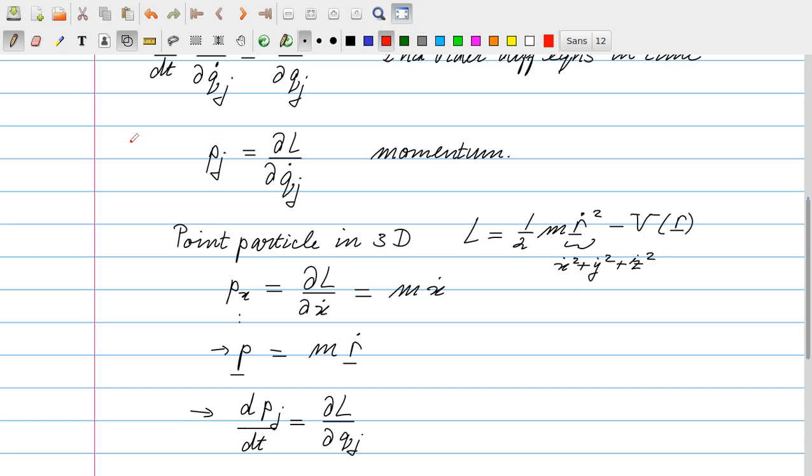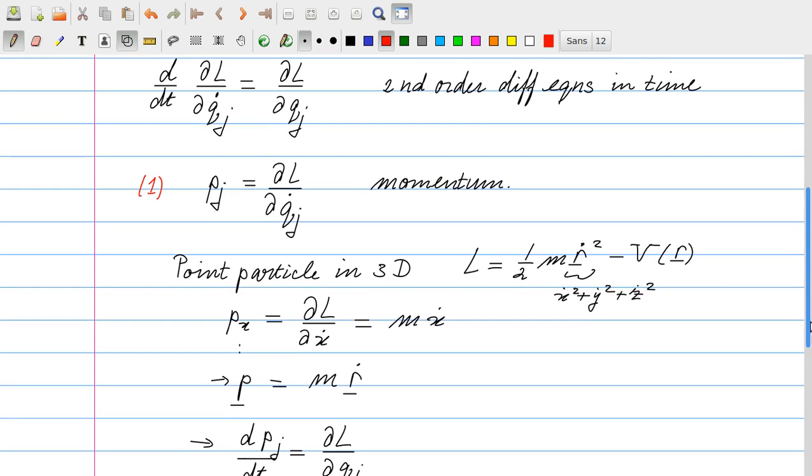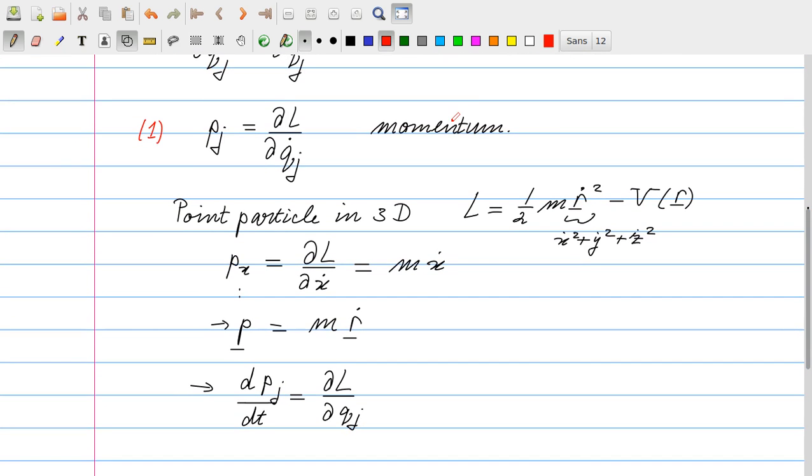So we have indeed achieved the goal to replace the second order differential equation, which is the Lagrange equation of motion, which we had over there, by two first order differential equations. Equation number 1, which is the definition of the momentum, and equation number 2, which is the time evolution of the momentum.